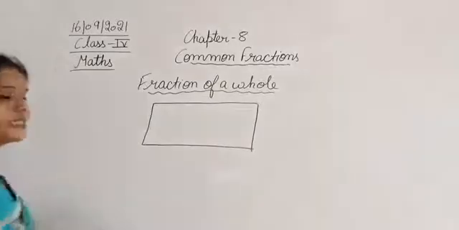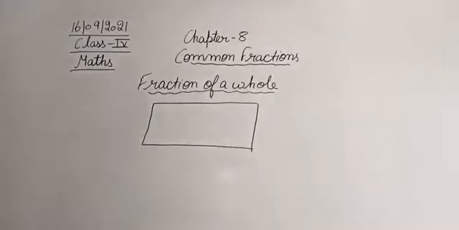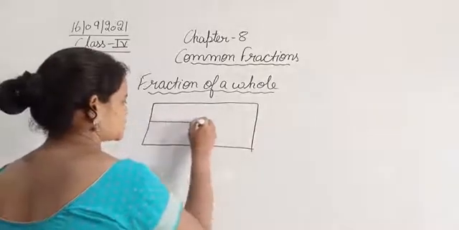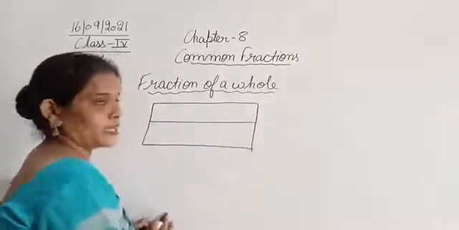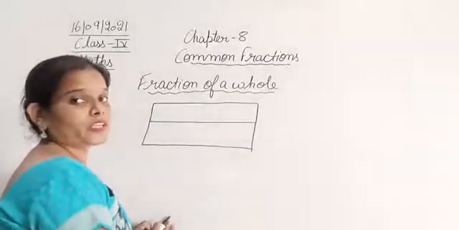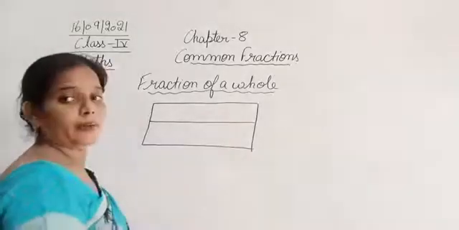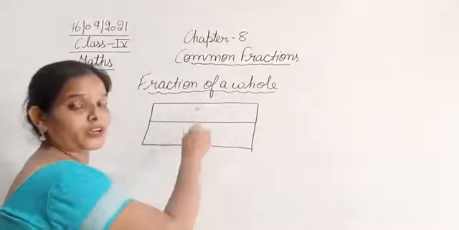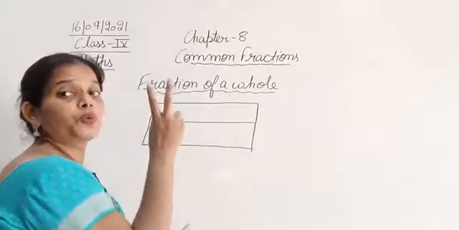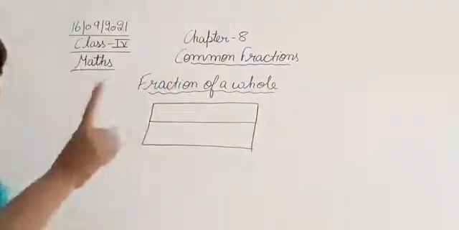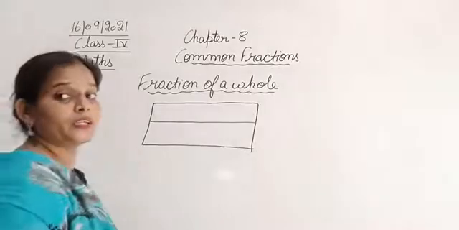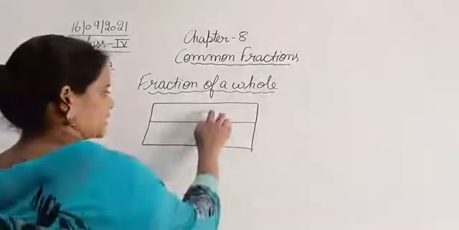As you can see, this is a rectangle, and now I have divided this rectangle into two parts with the help of this line. Now this rectangle is divided into two parts. देखिए, it was one, तो था एक, but I have divided it into two parts, that is 1 and 2.